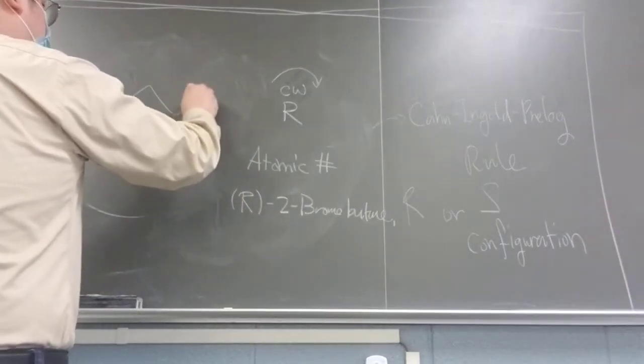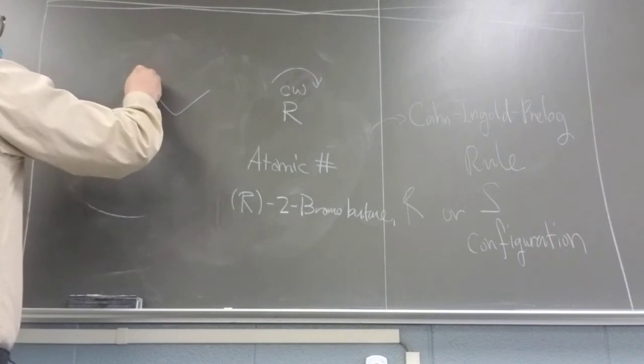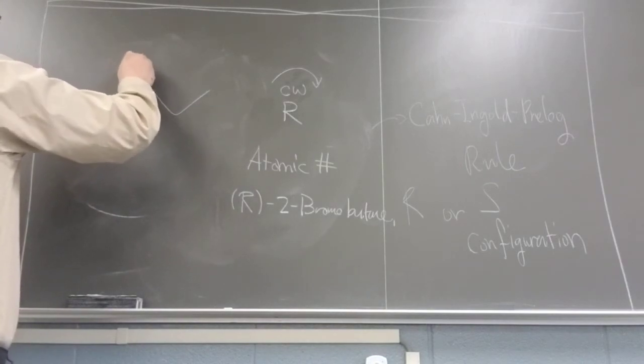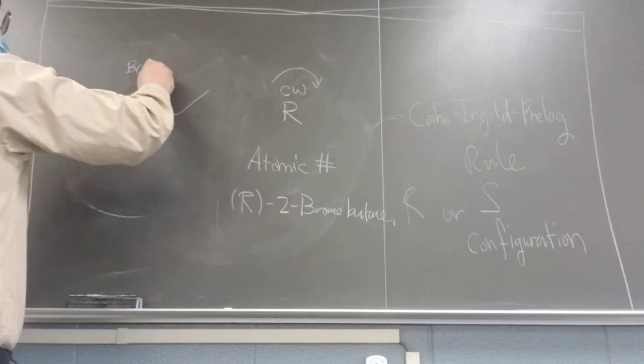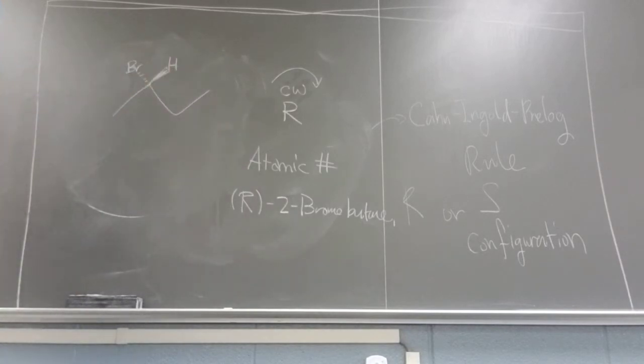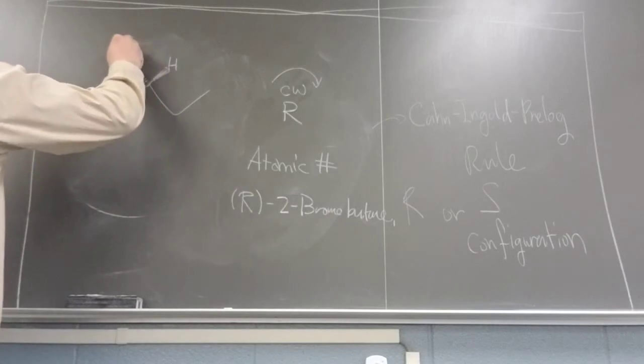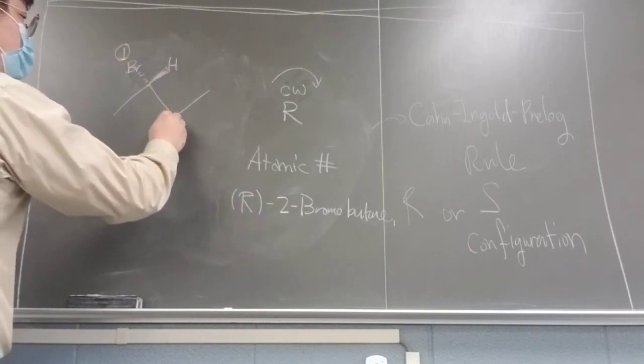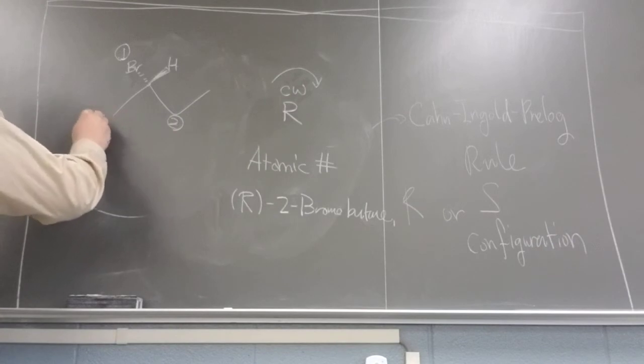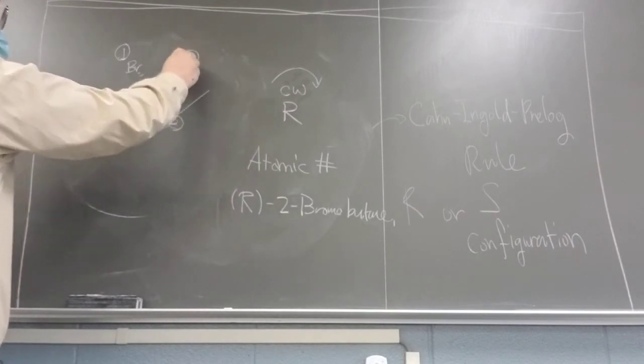So if you do this one, okay, in this case, we actually change the position of these 2. So as we know, this is number 1, this is number 2, this is number 3, and this is number 4. Okay.